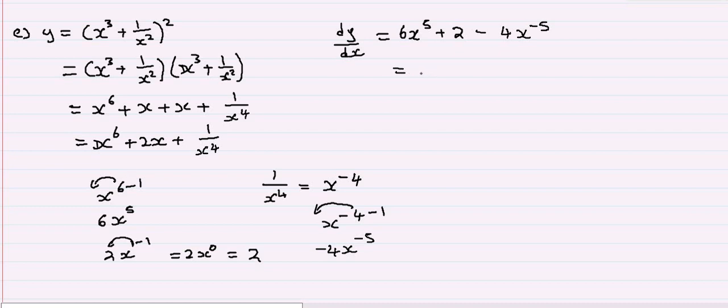Then if you want to simplify it further, this is the same as 6x exponent 5 plus 2 minus 4 over x exponent 5.